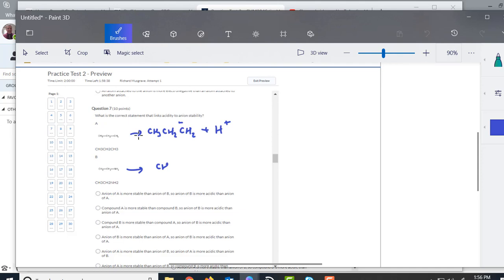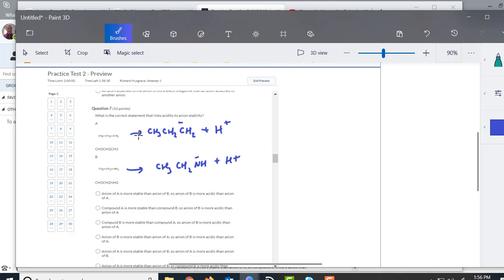And this one will be CH3, CH2, NH minus plus H plus. So these are the anions, once the negative charges. These are the initial acids or the acidic compounds that we're talking about.